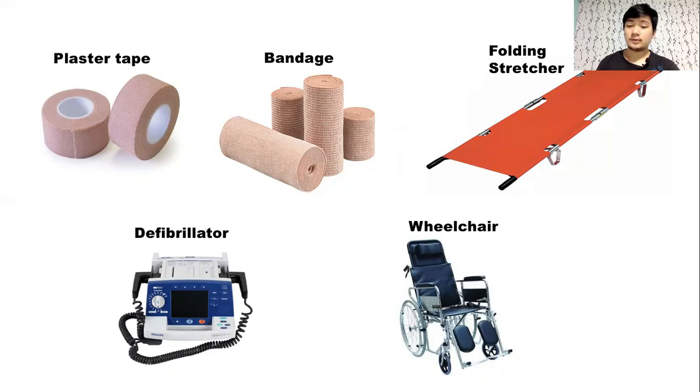Next is folding stretcher, and the defibrillator. Defibrillator is used to correct arrhythmias of the heart, or to start up a heart that is not beating. And last is wheelchair.